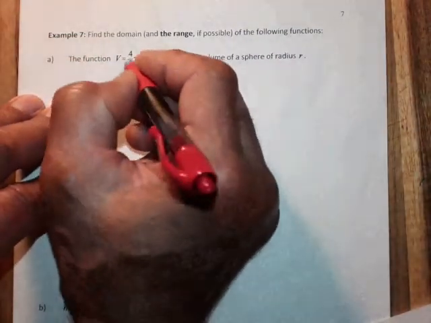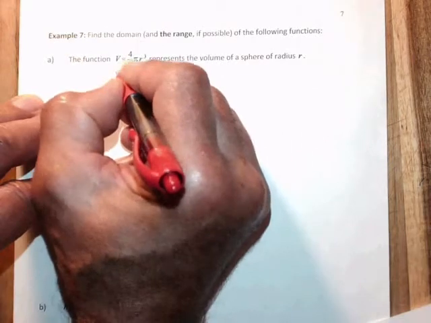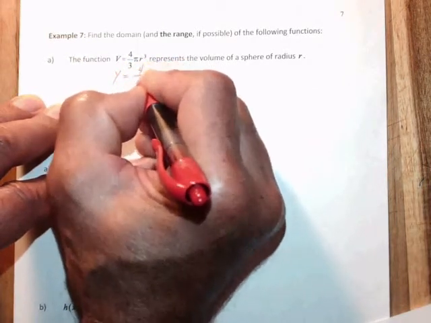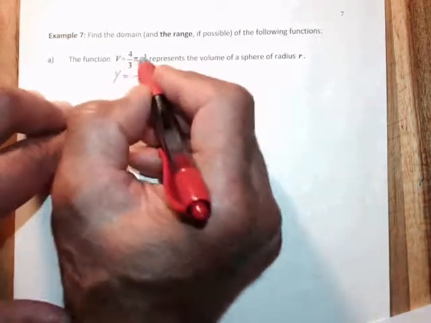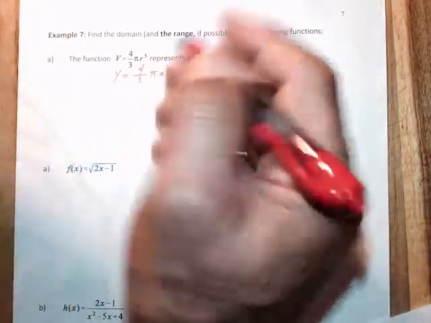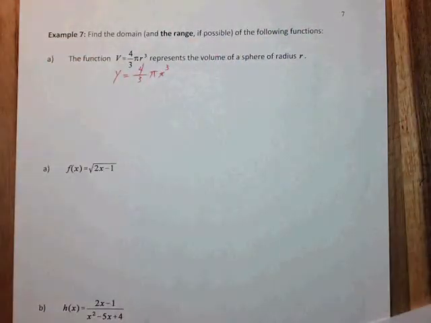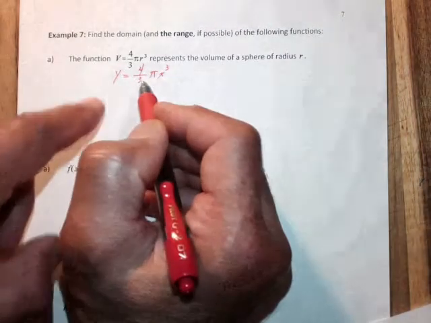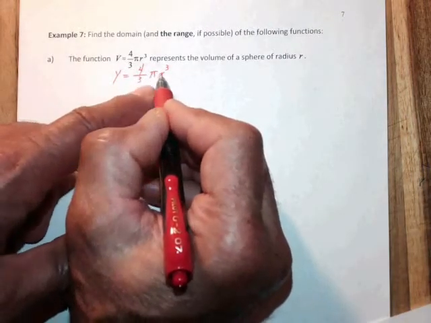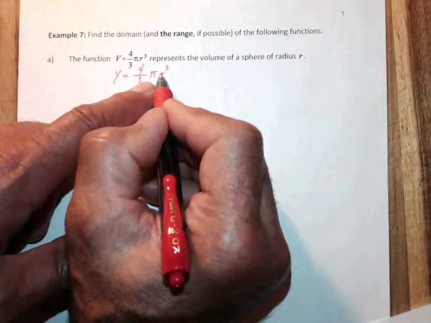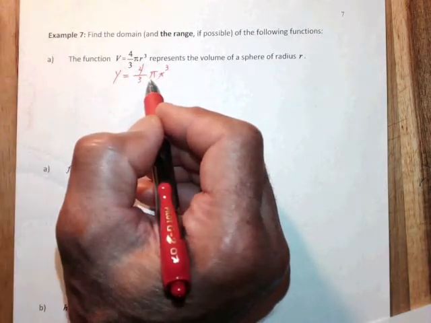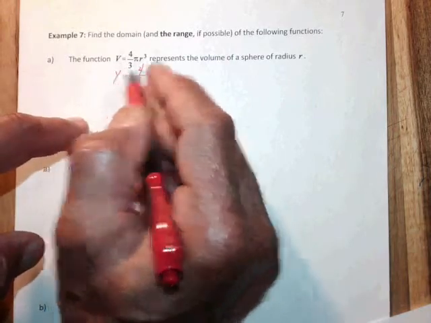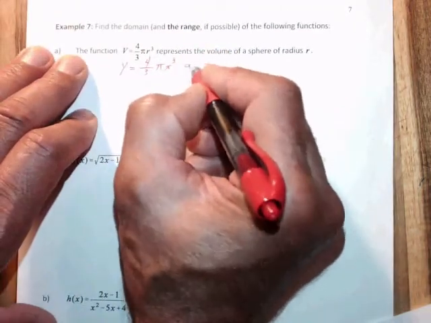If I write it in terms of y, y equals 4/3 pi x cubed. I don't have to use v and r. I can use y and x to put it in the more familiar form of a function. But this is clearly a function because every x value, or every radius, will produce the volume of one single sphere. So this is a function, clearly.